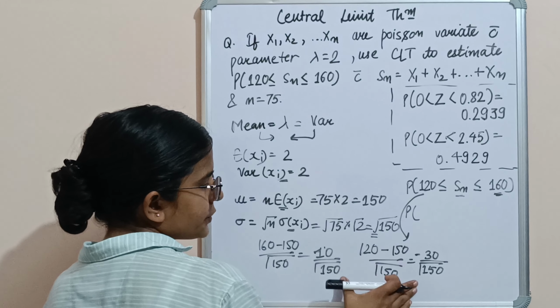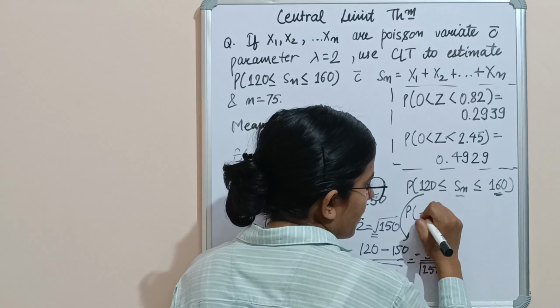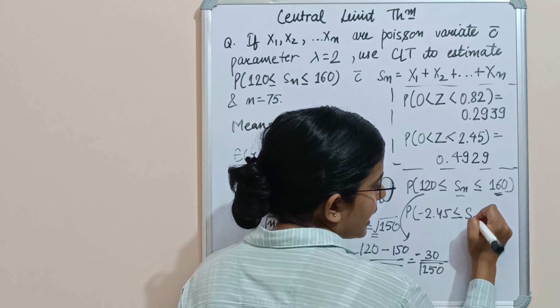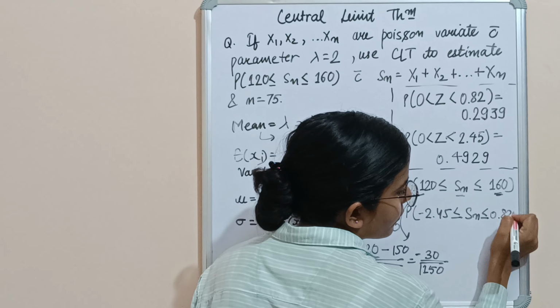If we solve these two values, this will be minus 2.45 less than or equal to Z less than or equal to 0.82.